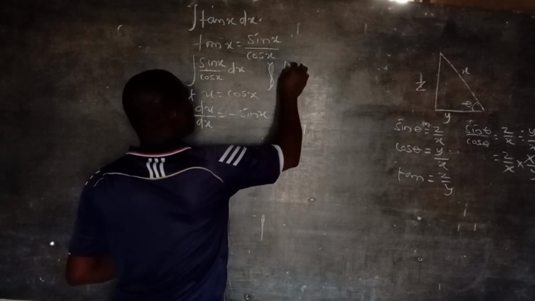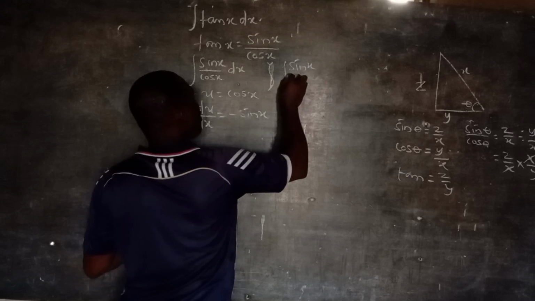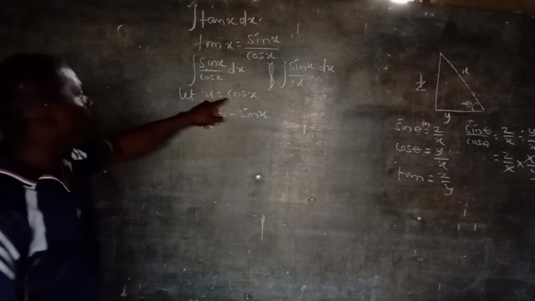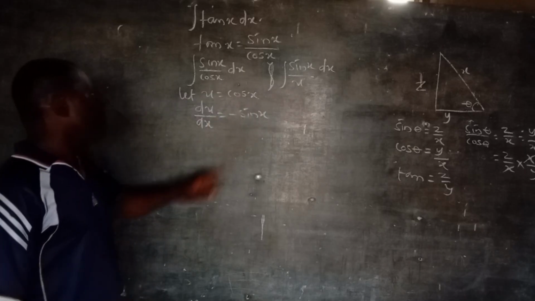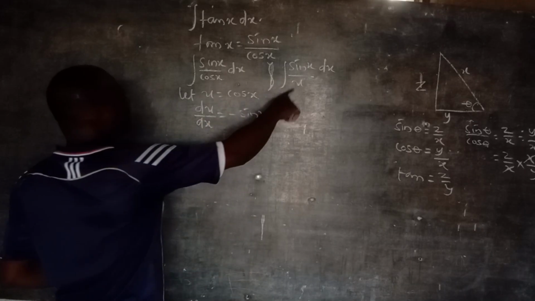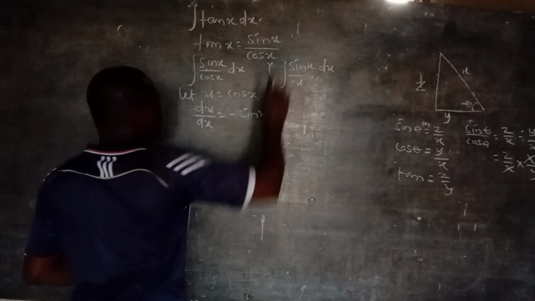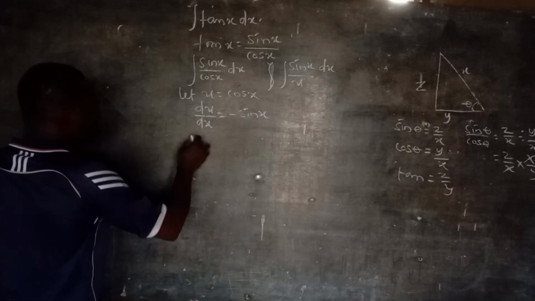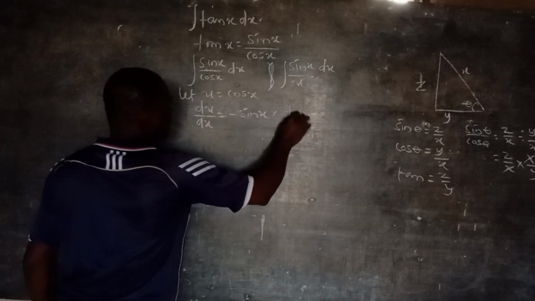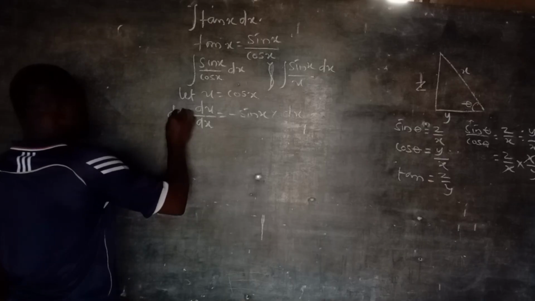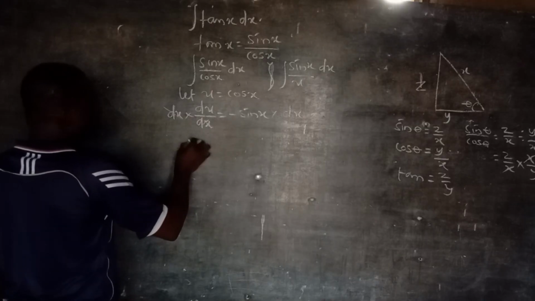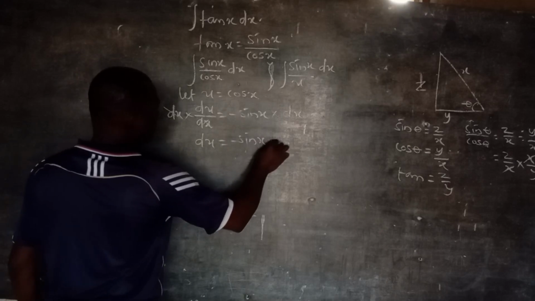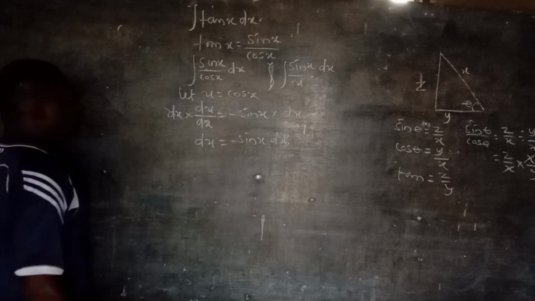Our whole integral here has become sine x dx over u, because we have said let u equal cos x. But that means we need to remove everything that has to do with x from here. So all we need to do is make dx the subject of the formula. We have du equals negative sine x dx, right?